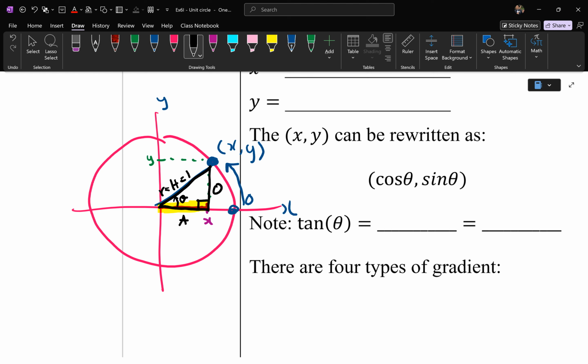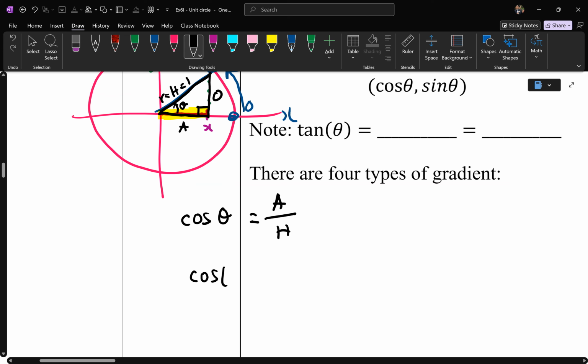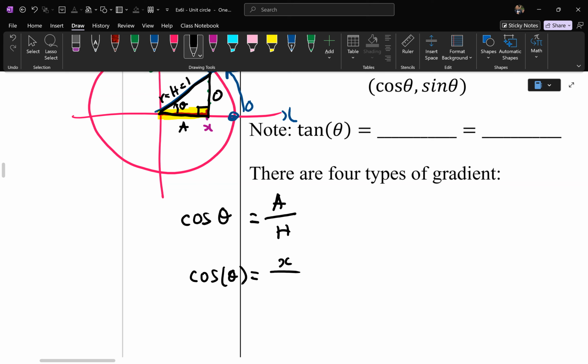That's the same thing as me saying find the adjacent side. But to find the adjacent side, we use cos of the angle equals to adjacent, which is the x value that we want, over the hypotenuse, which is 1. Right, so I'm going to rewrite it again. Cos of the angle will equal to adjacent, which is the x coordinate, divided by hypotenuse is 1. But x over 1.